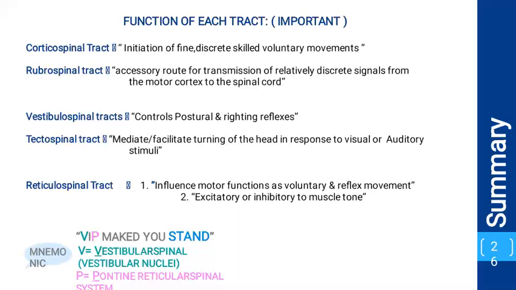Although the compensation that happens is not a complete process. And total separation of function between pyramidal and extrapyramidal is not clear cut. Therefore, all movements, whether automatic or voluntary, require continuous coordination and interaction of both these systems.